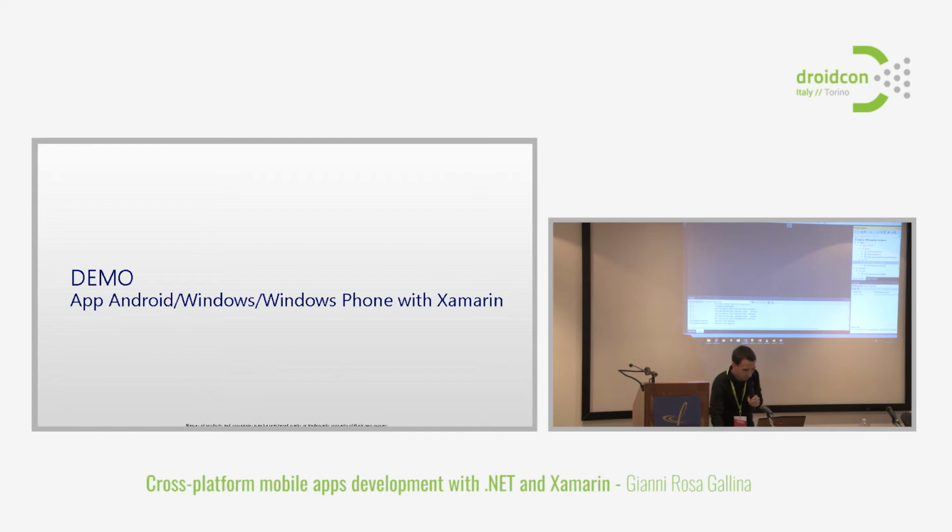Let's run it so you can see how the application runs and what it does. Here you have an Android emulator. So I just build the application and it will deploy it on the Android emulator.